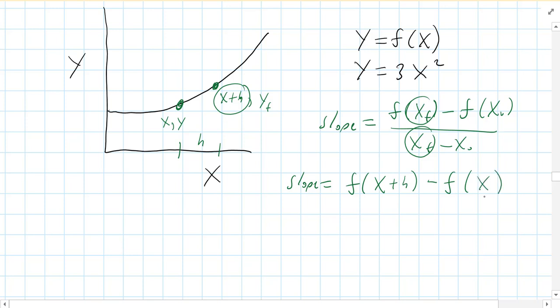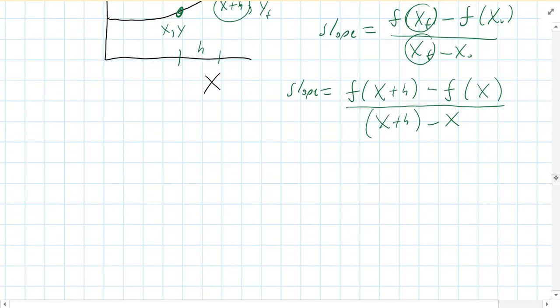I'm just going to replace the x naughts with x. And then divided by x plus h, that's your x final, and then x naught, we'll just call that x, okay? And this, your teacher would have called the difference quotient, okay? And we're going to use that to find the slope of the graph at this one point, okay?